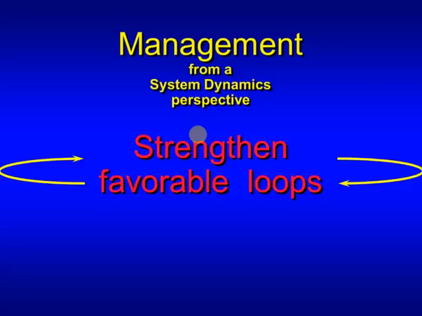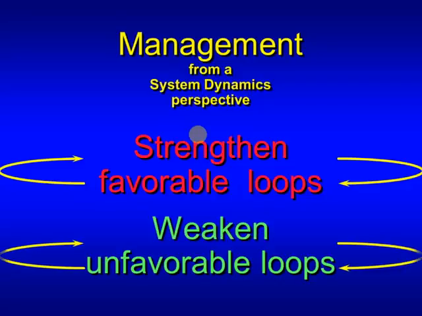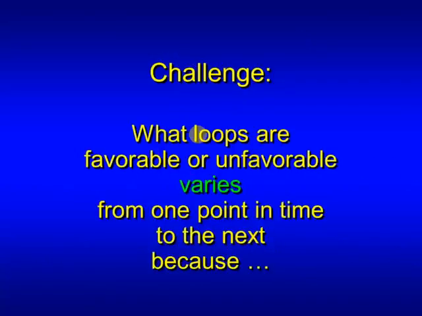So in other words, we strengthen those loops that we now know will be favorable to us. And we try to weaken the loops that are unfavorable to us, or that don't work very well for us. In other words, we don't invest in R&D if we have a perfect product. There is no reason to do that. So we weaken that loop and we put all our efforts into the other loop.